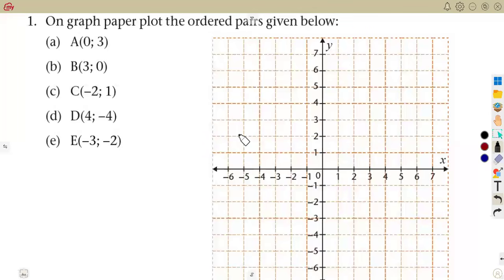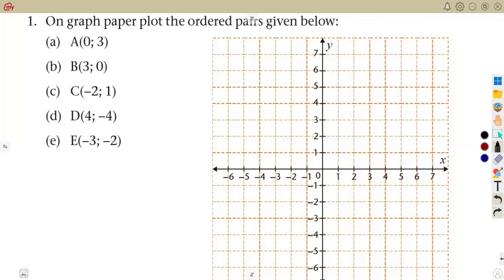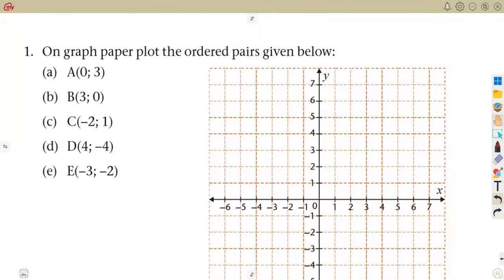So another important part which you need in your grade 8 is the presentation of this Cartesian plane, how to indicate the points on what is referred to as the Cartesian plane.